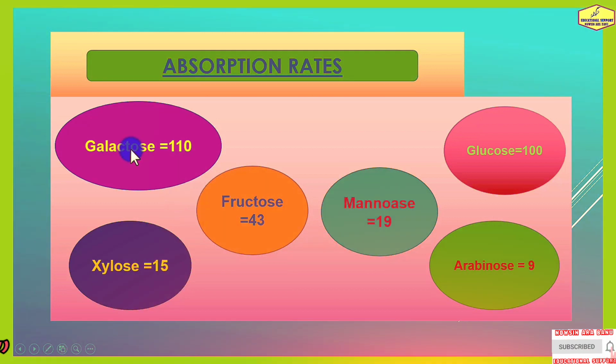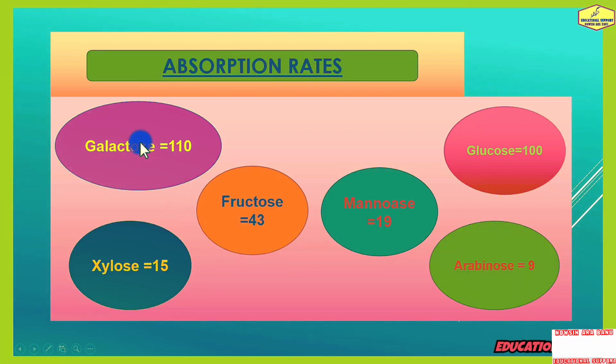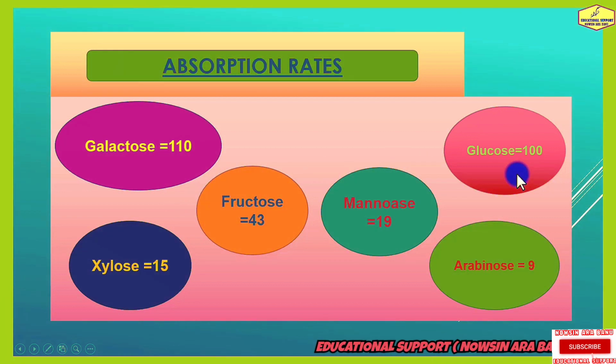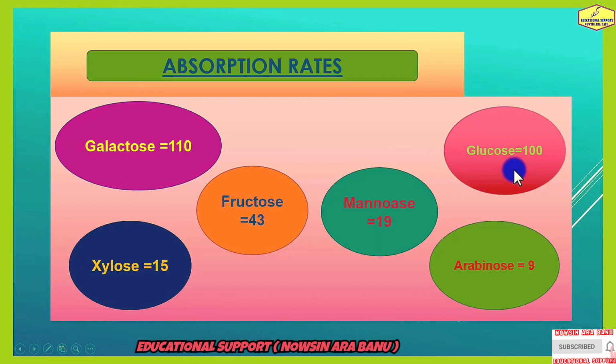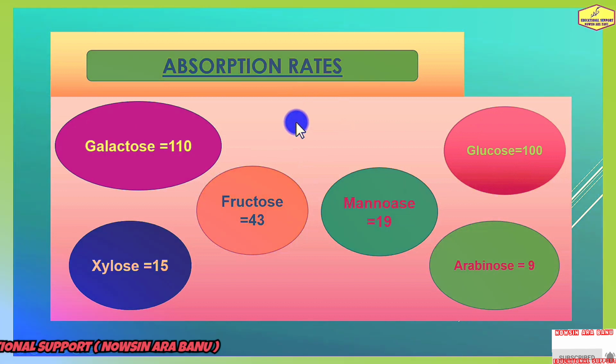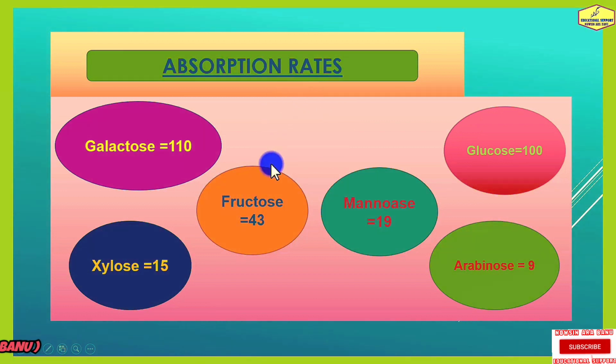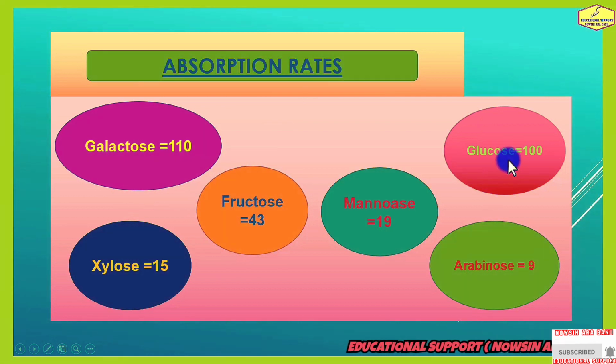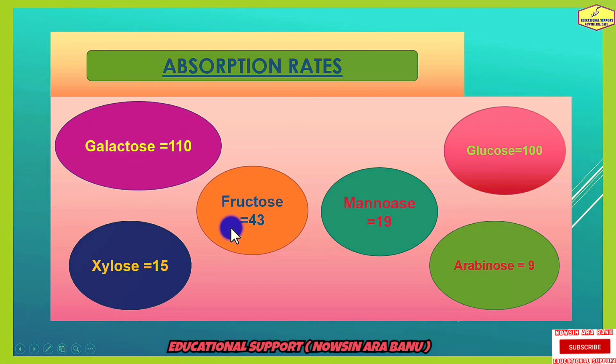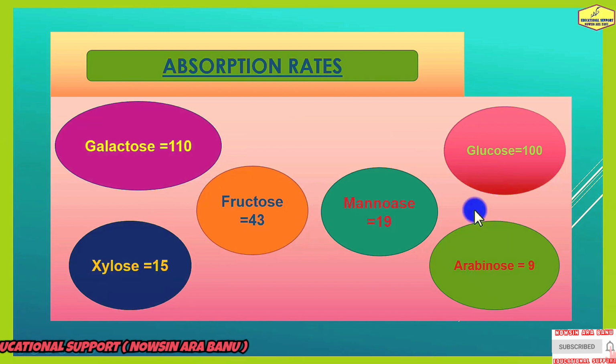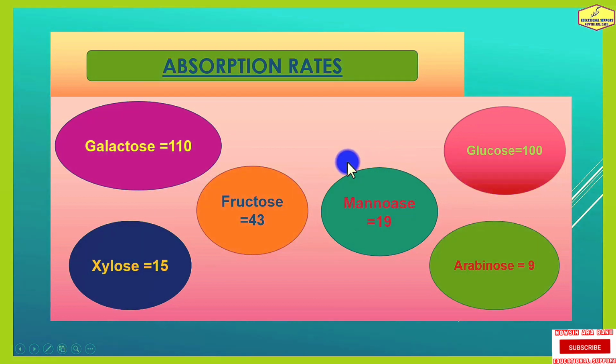So galactose is absorbed more rapidly than glucose, and the absorption rate is maximum for galactose, moderate for glucose, and minimum for fructose. So different sugars pass through different mechanisms for their absorption.